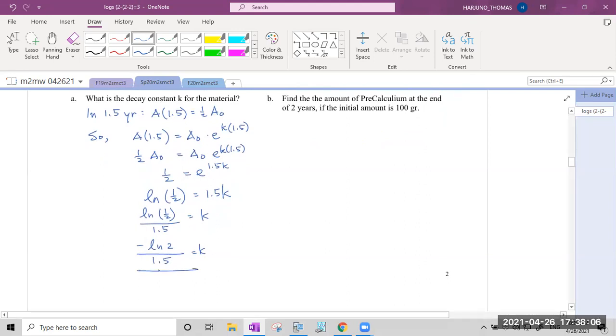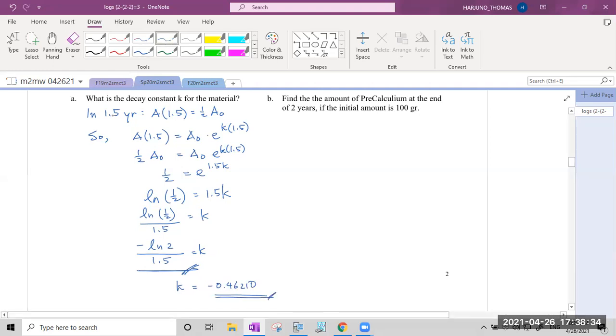Now, this is the exact form, and the approximate form will be negative 0.46210.